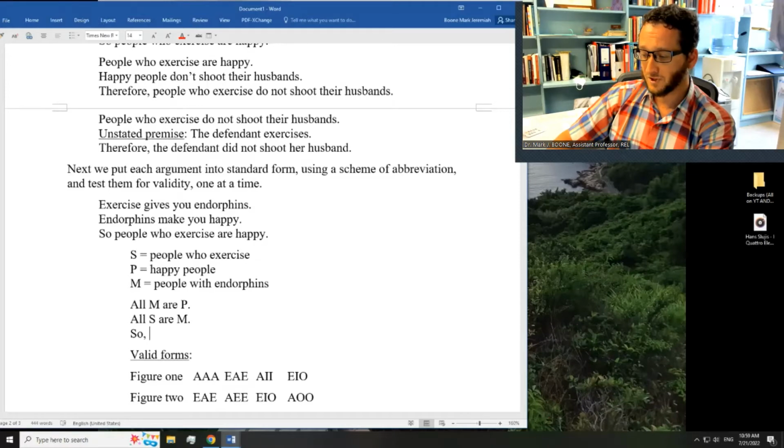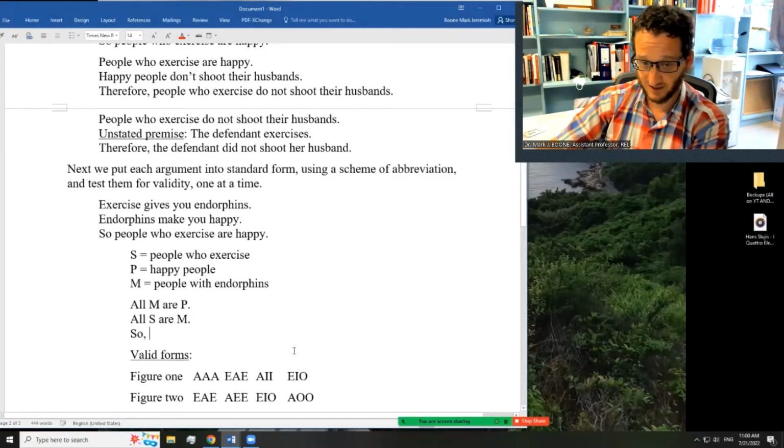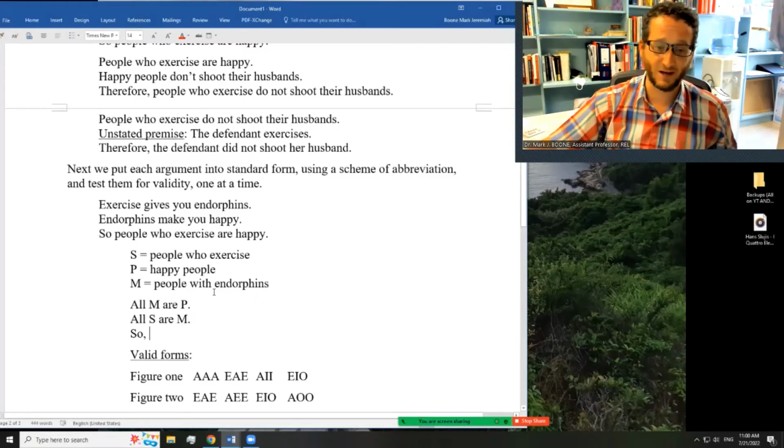So the terms of the argument, at least once you put it into standard form, are not exercise, endorphins, and things like that. It's people who exercise, people who are happy, people who have endorphins, people who don't shoot their husbands, things like that. Oh, and people who are the defendant. We'll get to that one later, though.